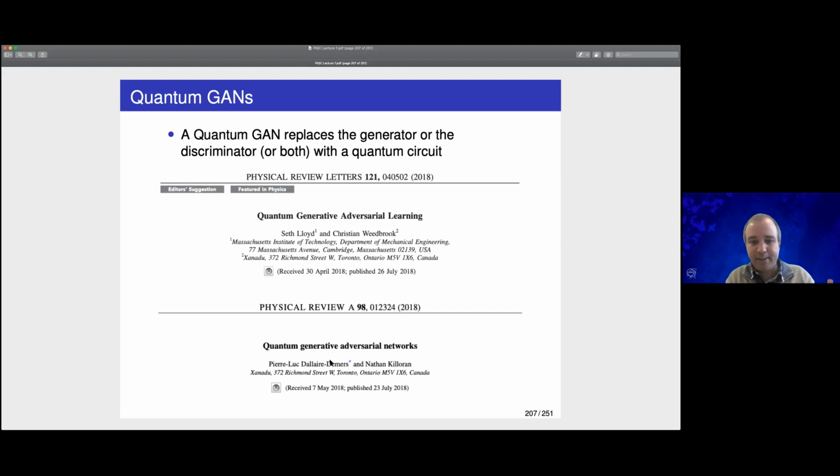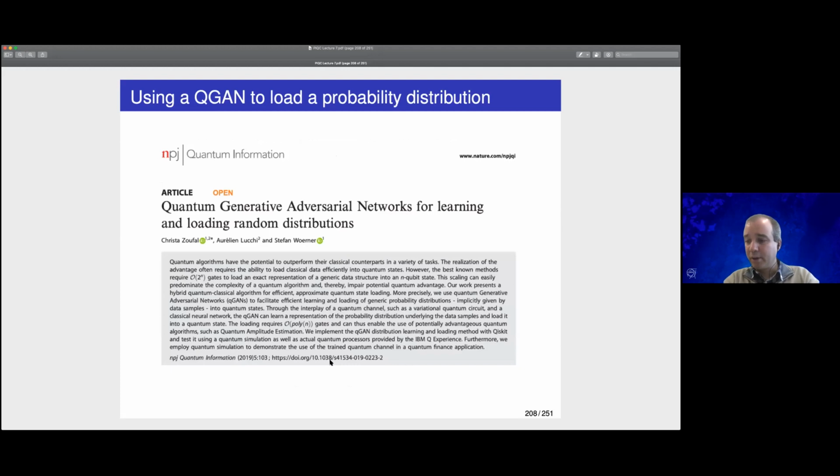Then the structure, or the actual variational form that you use for the quantum neural network, can be different, but the main idea is the same. And what I'm going to show as an example with a notebook is one of these proposals that was published by researchers at IBM, in which they use this quantum version of the generative adversarial networks to learn a random distribution.